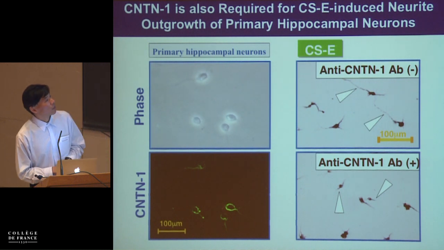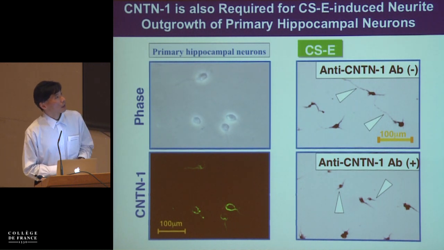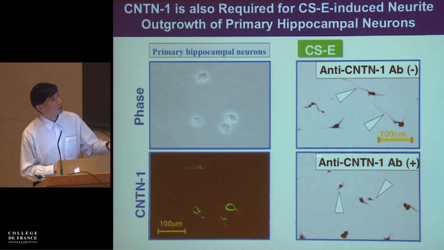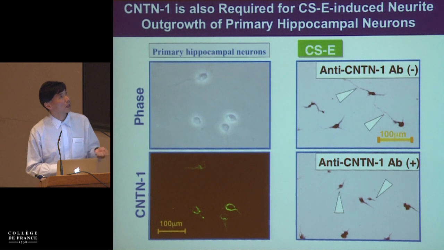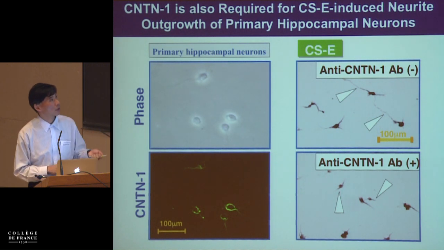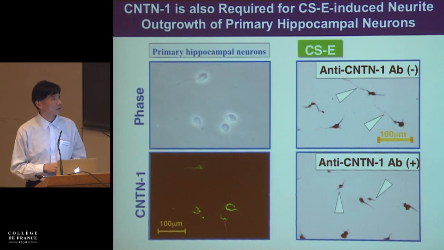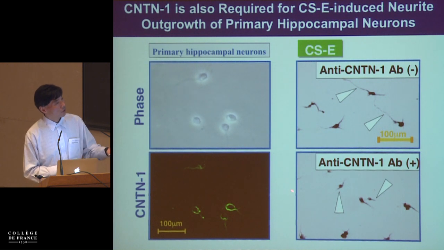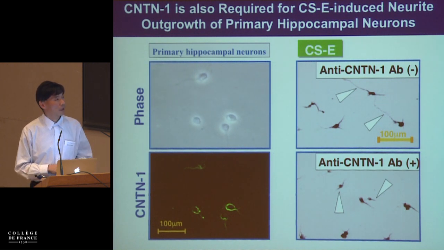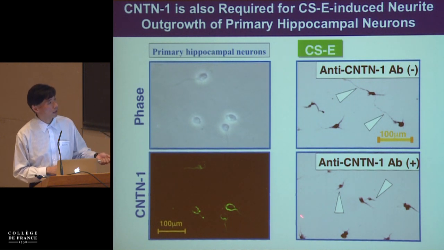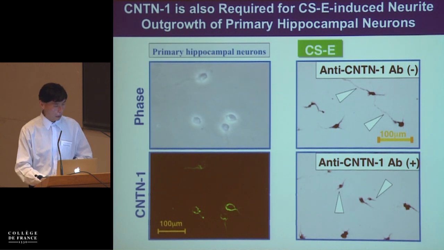As reported, elongation of the prominent long neurite was observed in primary hippocampal neurons cultured on chondroitin sulfate E. As in the case of Neuro2A contactin 1 cells, treatment with a contactin 1 functionally neutralizing antibody effectively inhibited CSE-mediated neurogenesis.